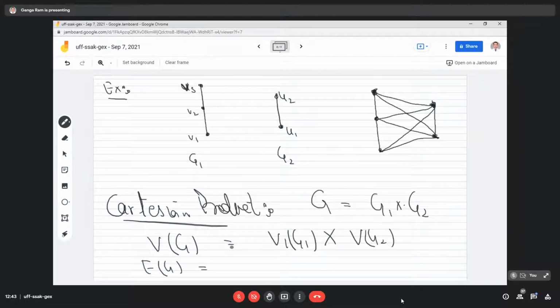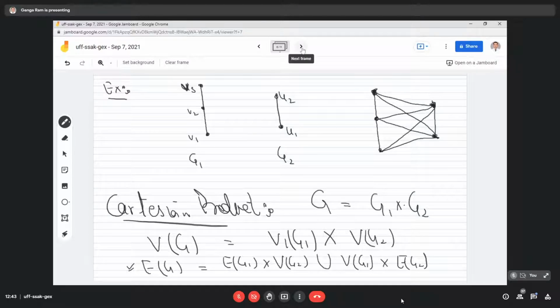Okay, there is some specific rule to join the edges. What is E of G1? It is the edge set of G1 graph cross the vertex set of G2, union the vertex set of G1 cross the edge set of G2. Okay, this is the mathematical notation.